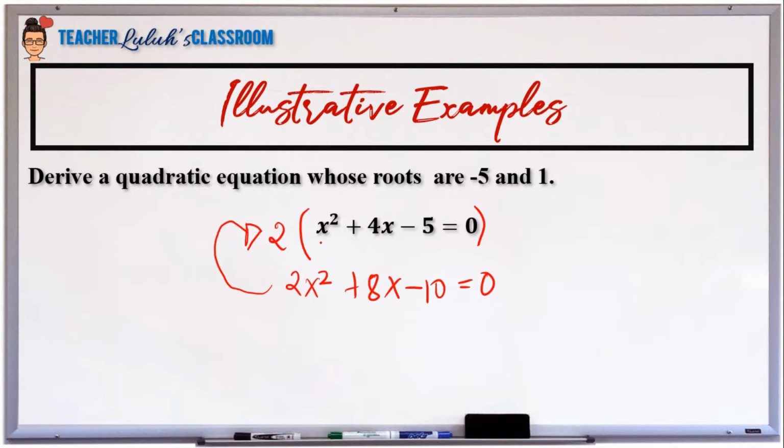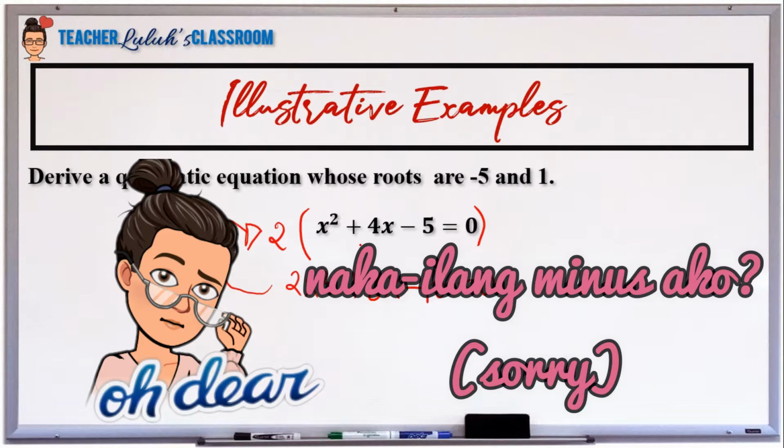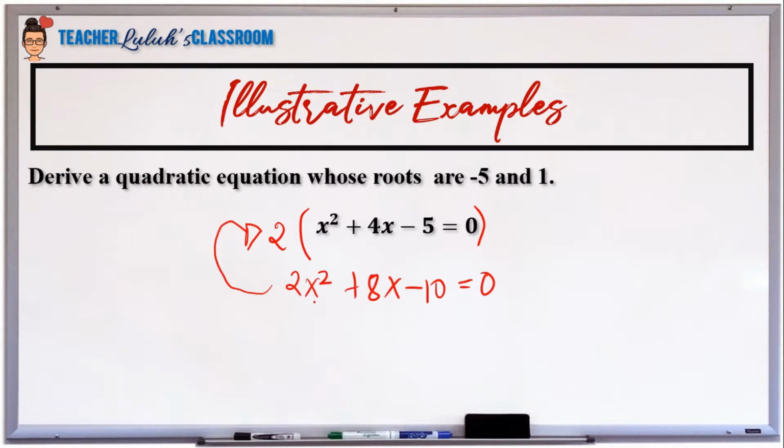I'm so sorry, that is plus 4x. So 2x squared plus 8x minus 10 equals 0 will have the same roots.